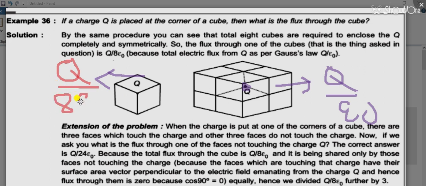So it is decreased by the factor 8 because this flux is divided into 8 cubes equally. So this will be the answer for this cube.